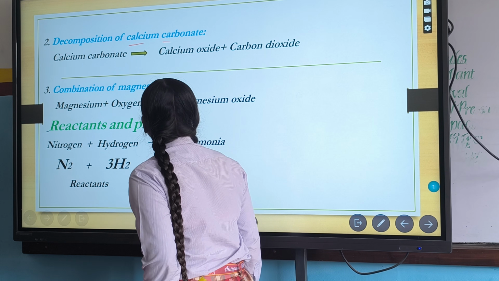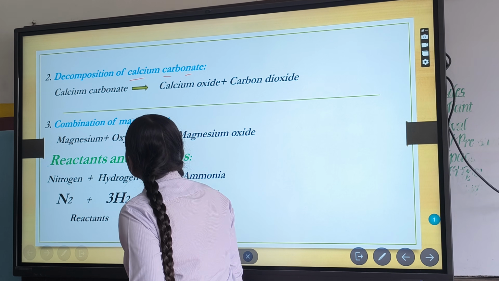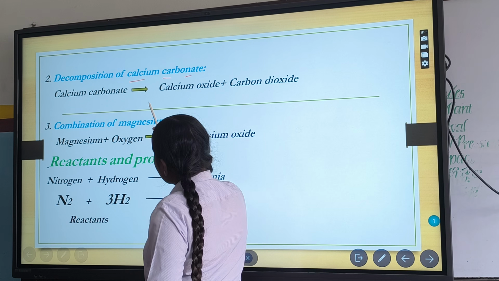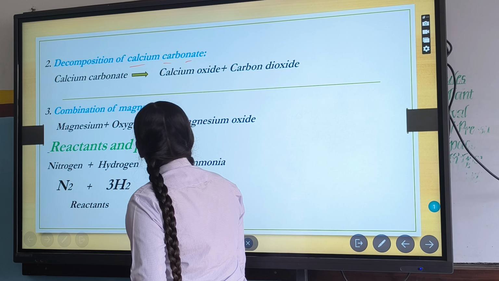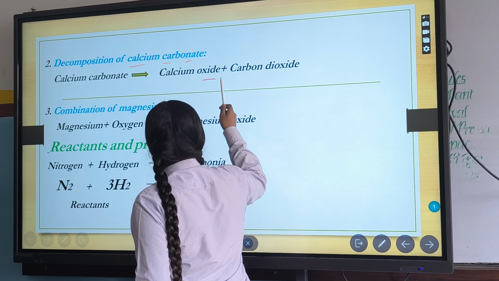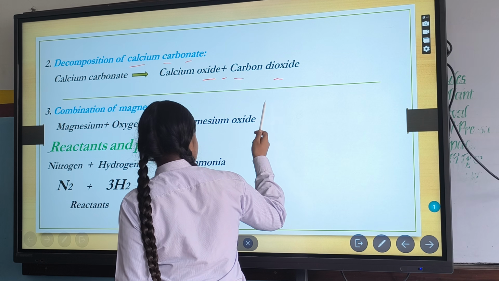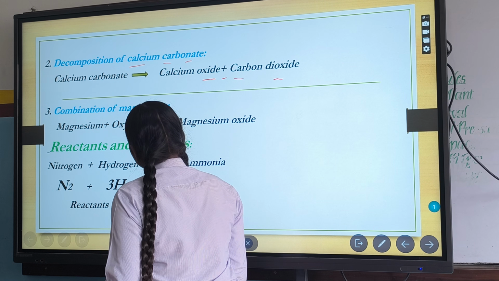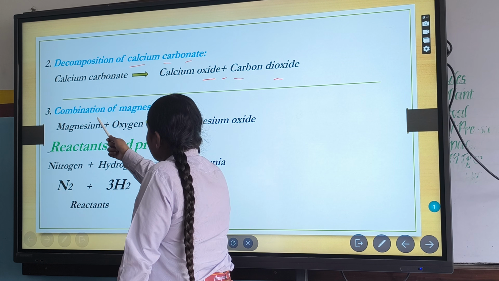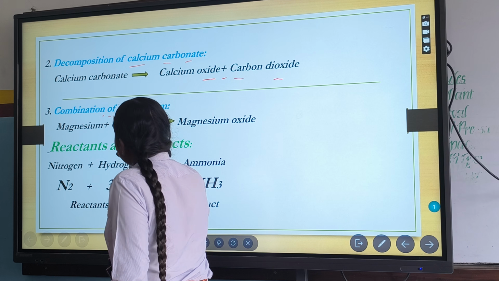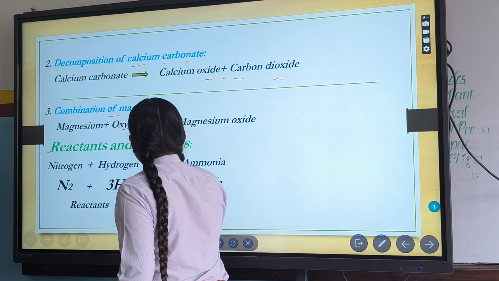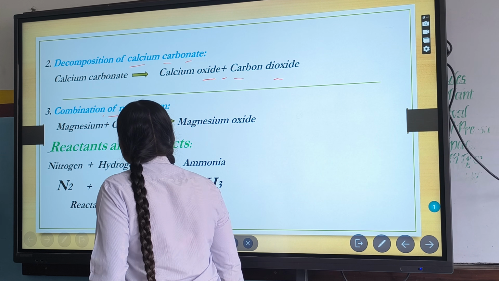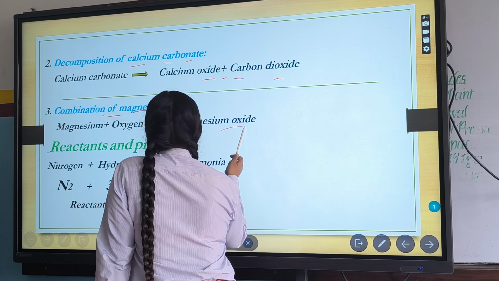Decomposition of calcium carbonate: calcium carbonate gives calcium oxide plus carbon dioxide. Combination of magnesium plus oxygen is called magnesium oxide.